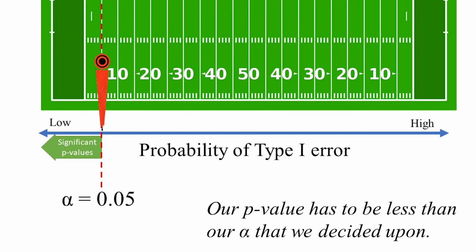In other words, alpha is a decision point, and we're looking at whether our p-value is below that line or not. In football terminology, alpha is like the first down line, and the p-value is the position of the football, right? We set our alpha, and then we look at the position and see whether or not there was a significant difference. So p-value is not the same as alpha.